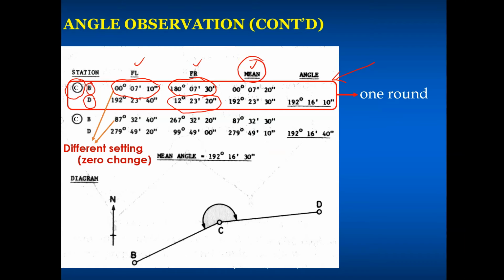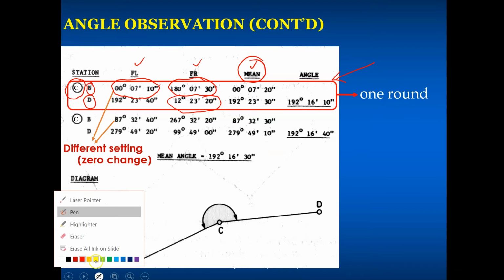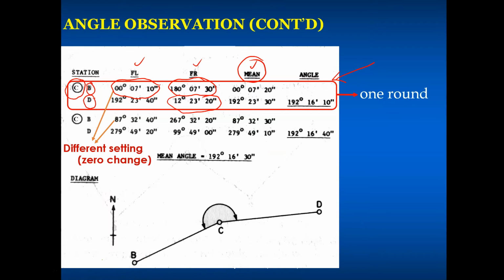Okay, the easiest way to do this, firstly, I'll change color now just to show. Just look at the degree. We know that the difference between left and right should be 180, and it agrees.